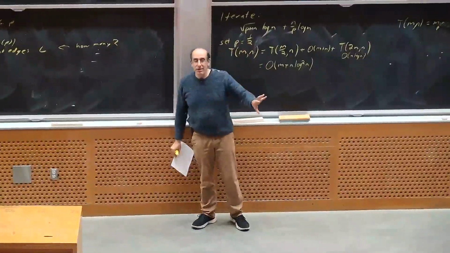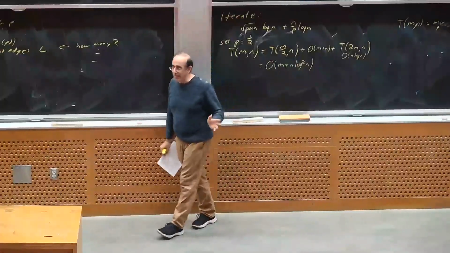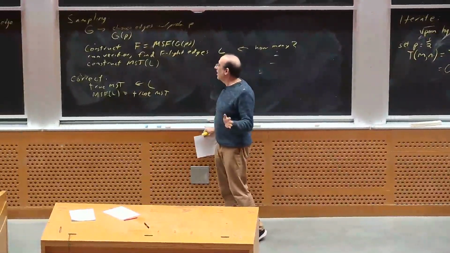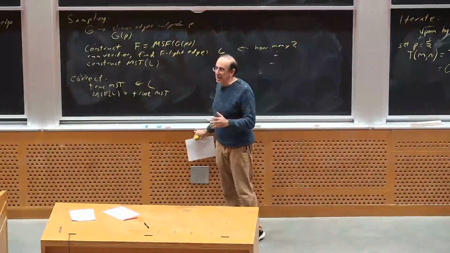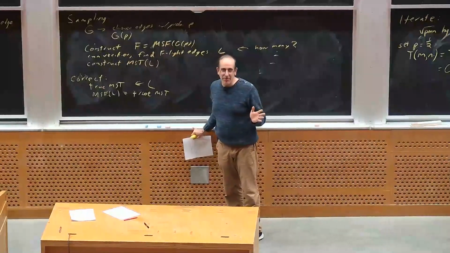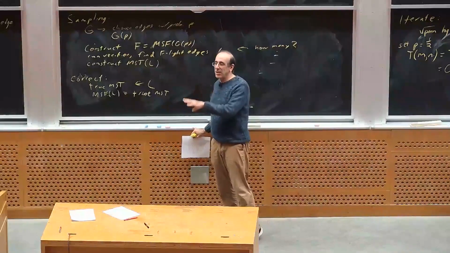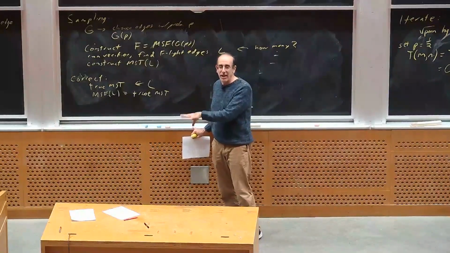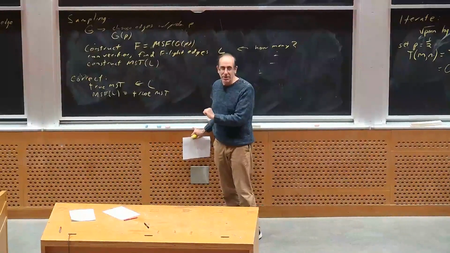I'm not just looking at the sampled edges. I don't need to look at the sample edges because I already know what the minimum spanning forest of the sample is. The point is to look at the other edges of G and ask which of them are light for that minimum spanning forest that I constructed.